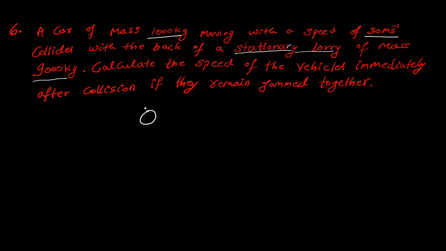This is the car A having the mass m1 and the speed u1. Let it be 30 meter per second, and the mass is 1000 kg, and this is the stationary lorry. Lorry mass is 9000 kg and its initial velocity is 0.